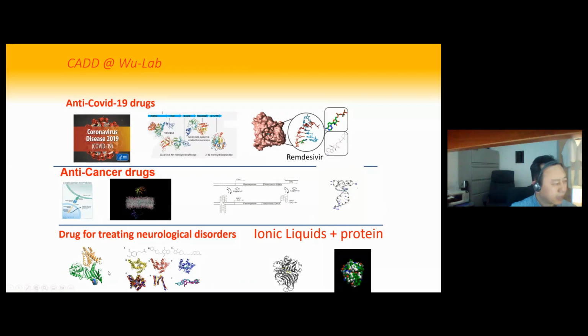Okay, and then we also use computation to study the G protein coupled receptor, which is the number one class of drug target for medicine. In fact, 40% of the current medicines are targeting G protein coupled receptors. And here I show you the simulation result.